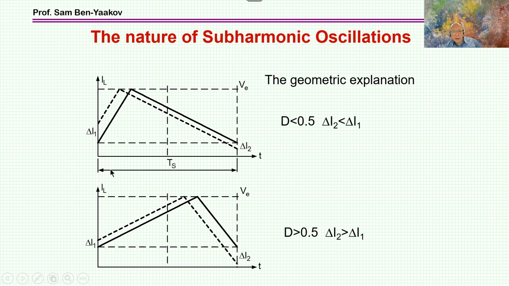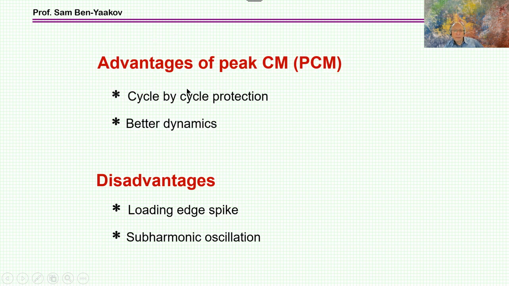Now, suppose there is a disturbance in the current, noise, change of load, something. And this is the disturbance, and the current now starts going like that because it starts higher. This is the threshold at which the flip-flop will turn off.